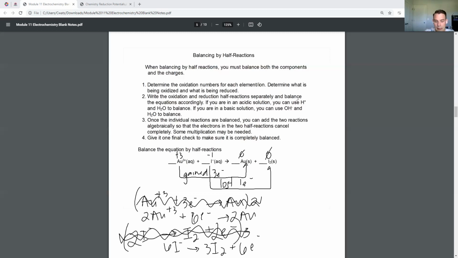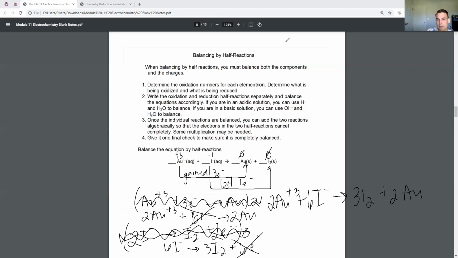Then when you bring them together, things on opposite sides that are the same will cancel, and you just write what you have left. 2Au+3 plus 6I- gives me 3I2 plus 2Au. And you are balanced. That was an easy one.